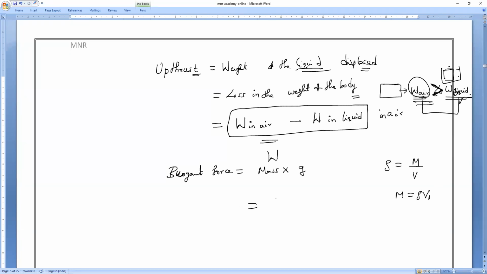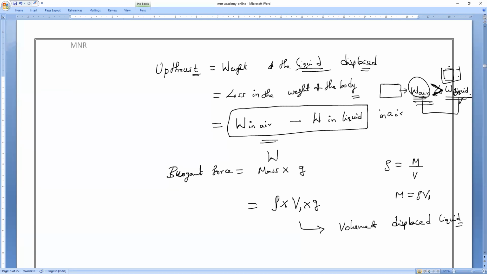So what is the buoyancy force formula? Density rho into V1 into g. What is V1, guys? V1 is not the volume of the object, it is the volume of the displaced liquid. Clear, everybody? Volume of displaced liquid into g.